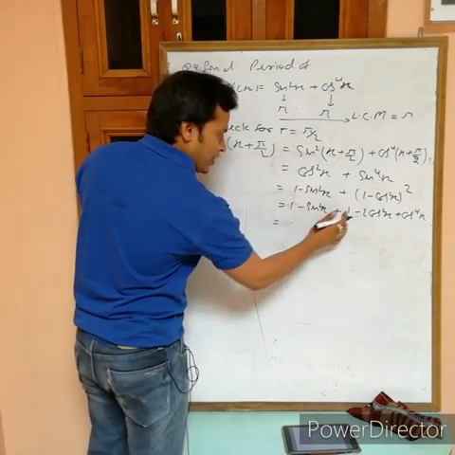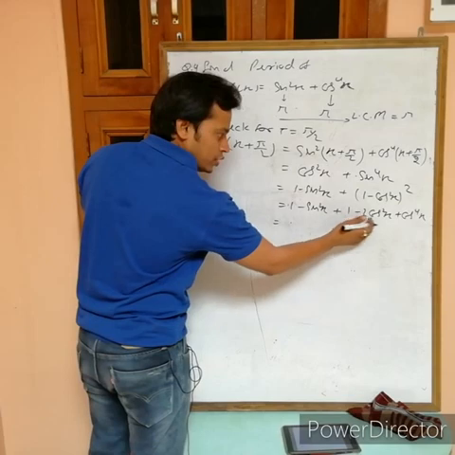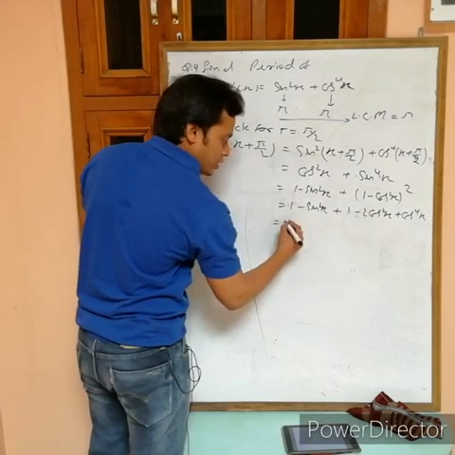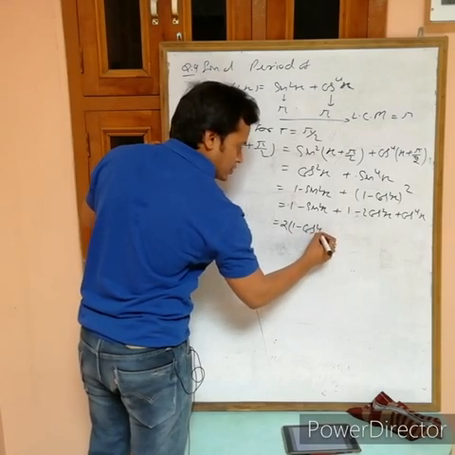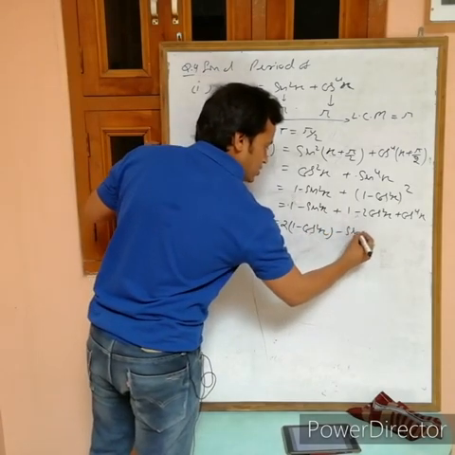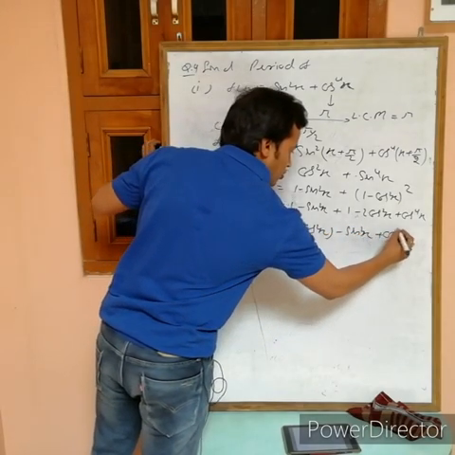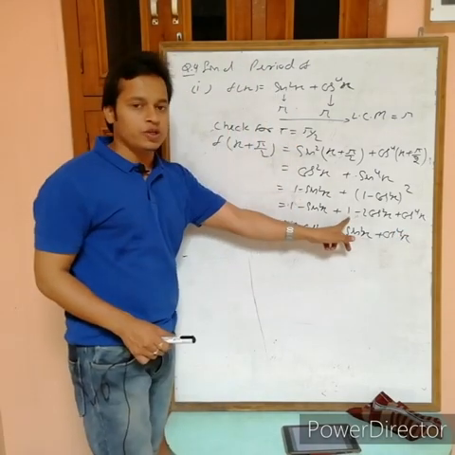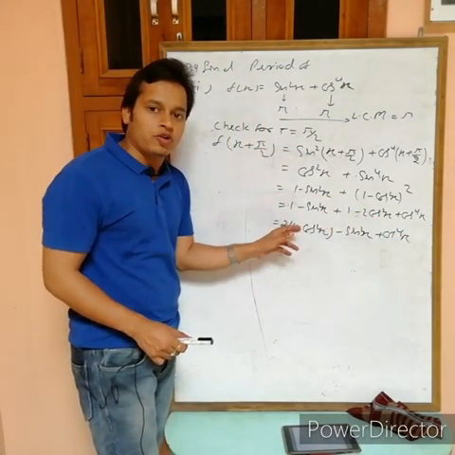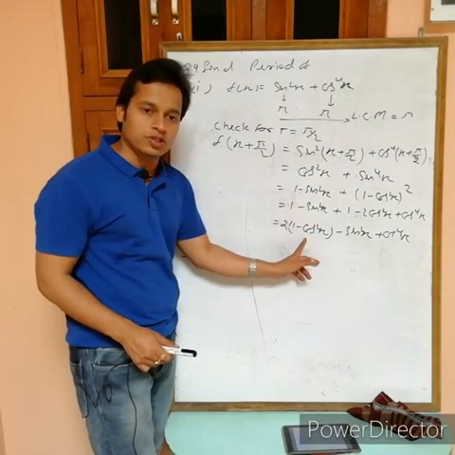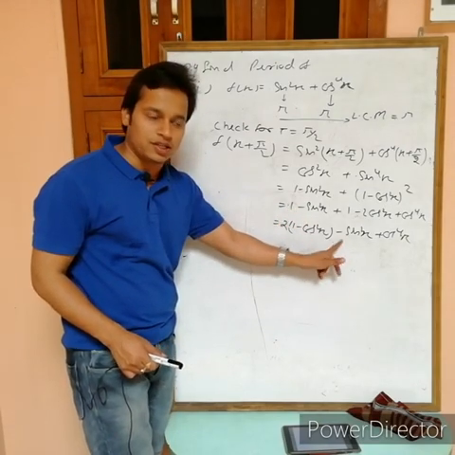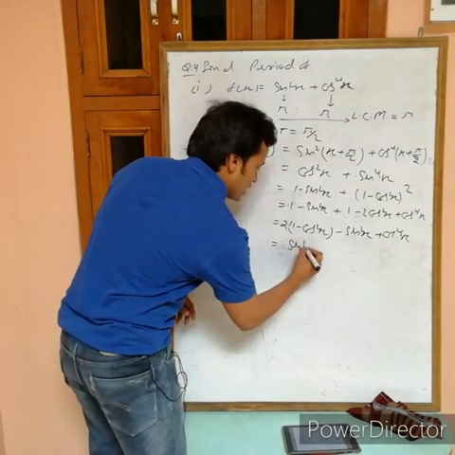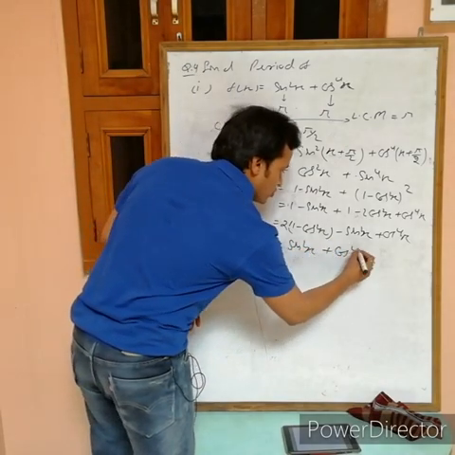Or 1 plus 1 is 2, and minus 2 cos square x, if you take 2 common, we get 1 minus cos square x, and this one is minus sin square x and plus cos 4x. Same thing. 1 plus 1 is 2, minus 2 cos square x, take 2 common, 1 minus cos square x, which is sin square x. 2 sin square x minus sin square x is sin square x. So we are getting sin square x plus cos 4x.